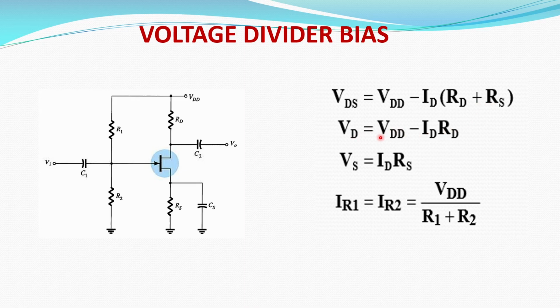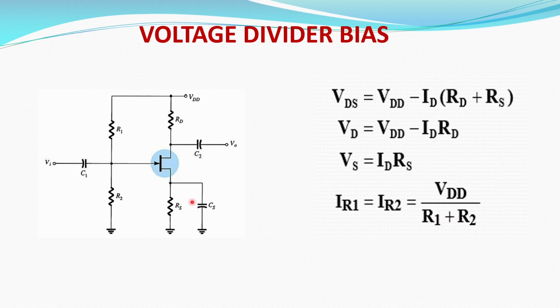And from this, we are calculating the drain voltage separately. So VD equal to VDD minus IDRD, and the source voltage VS is equal to ID into RS or IS into RS. Both are equal. And next, we are taking the current value in resistor 1 and resistor 2. Both are equal. So we can write the current value as VDD by R1 plus R2.